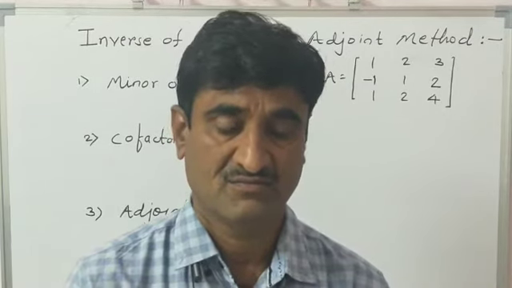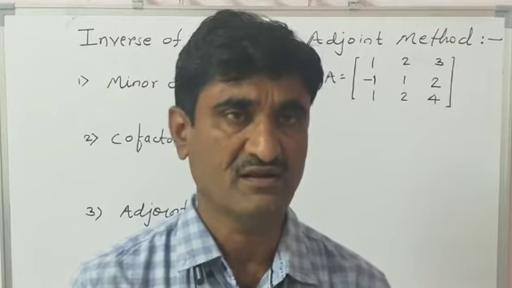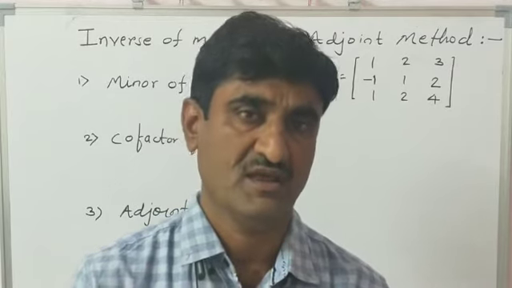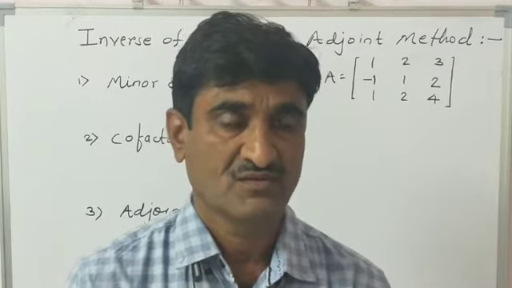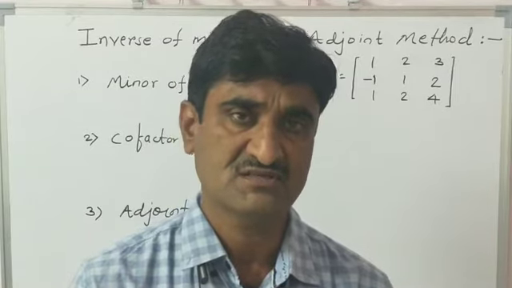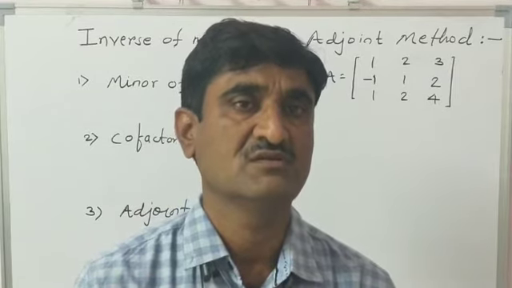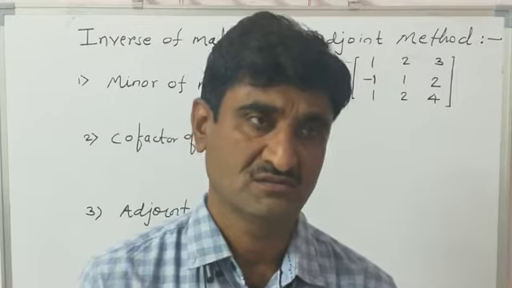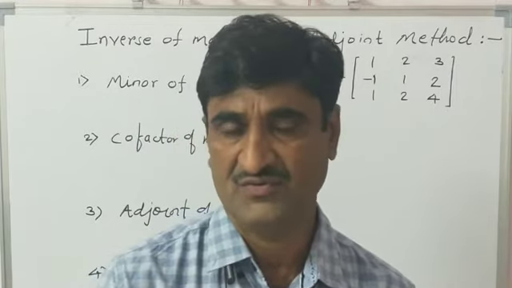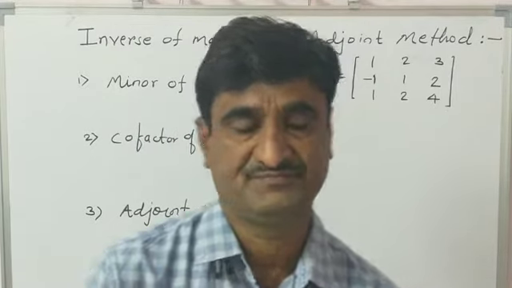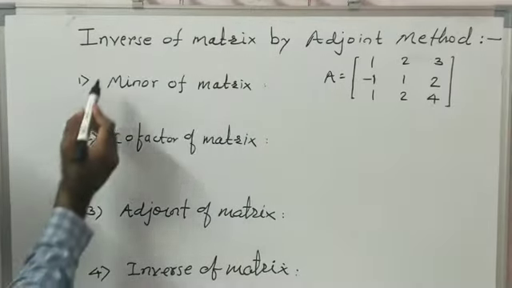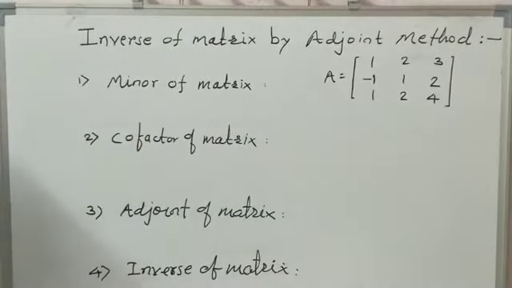For finding the inverse by the adjoint method, we must know some terminology. What do we learn first? Now listen here. The inverse of a matrix by the adjoint method.